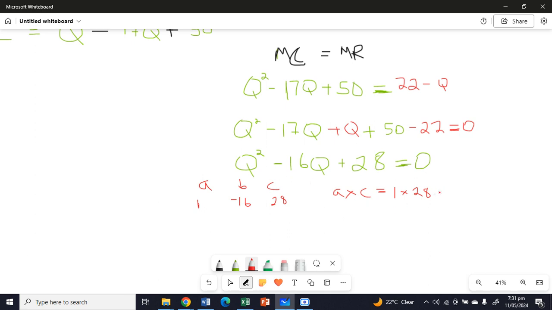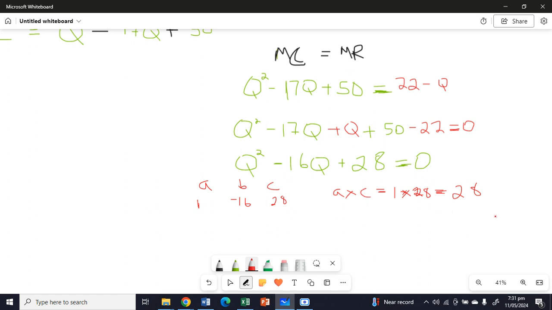So colleagues, what are those two factors? When you multiply them, they should give you positive 28. When you add them, they give you negative 16. So those two factors are negative 2 and negative 14.